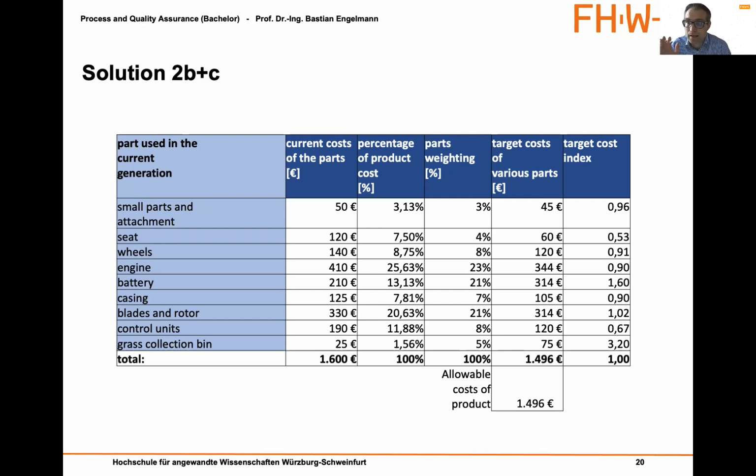But in total, you need to understand that after all our optimizations on the product, we need to get a total of all the costs of 1,496. So when we do not achieve the cost cutting here of 5 euro, then we need to find the 5 euro somewhere else. Okay, so this is an obligation.